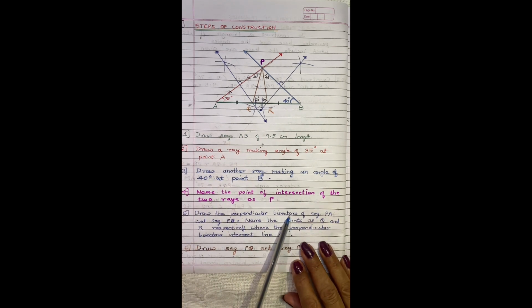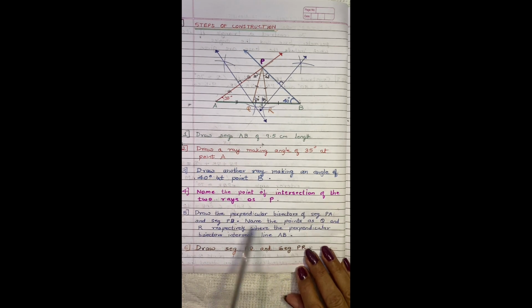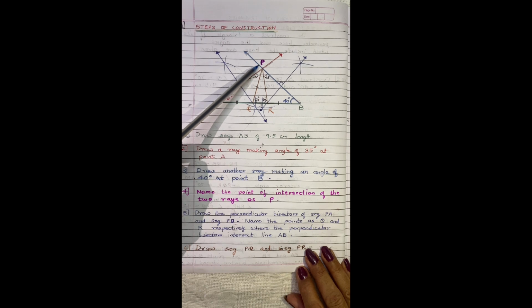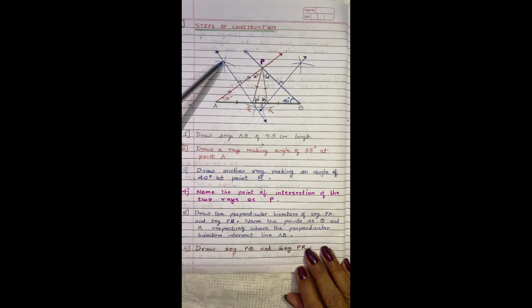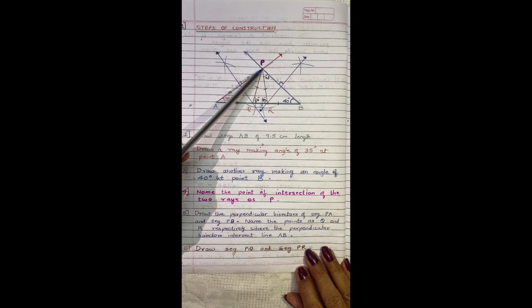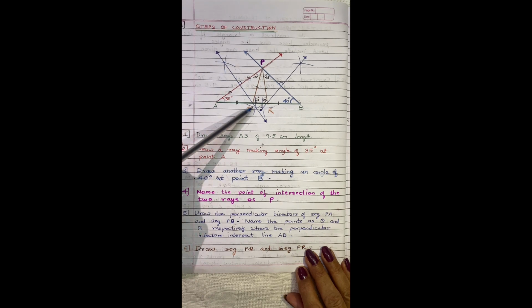Then draw the perpendicular bisectors of segment PA and segment PB. Taking more than half on the compass, at vertex A draw arcs to the left and to the right of the line, and then placing the compass point at P, intersect the arcs with the same measure.